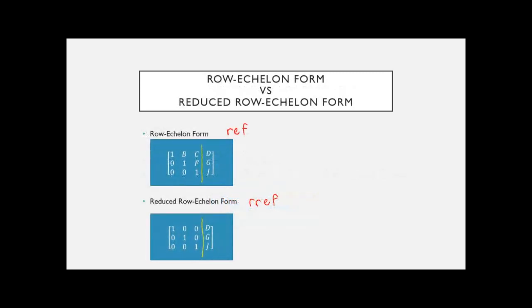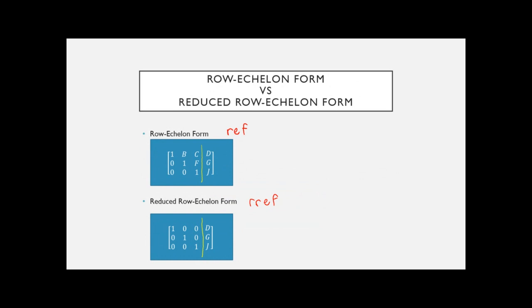So here's where we get into the difference between Gaussian elimination and Gauss-Jordan elimination. It's the difference of the final form. So we have row echelon form, which is what we were doing with Gaussian elimination, and the abbreviation is REF.